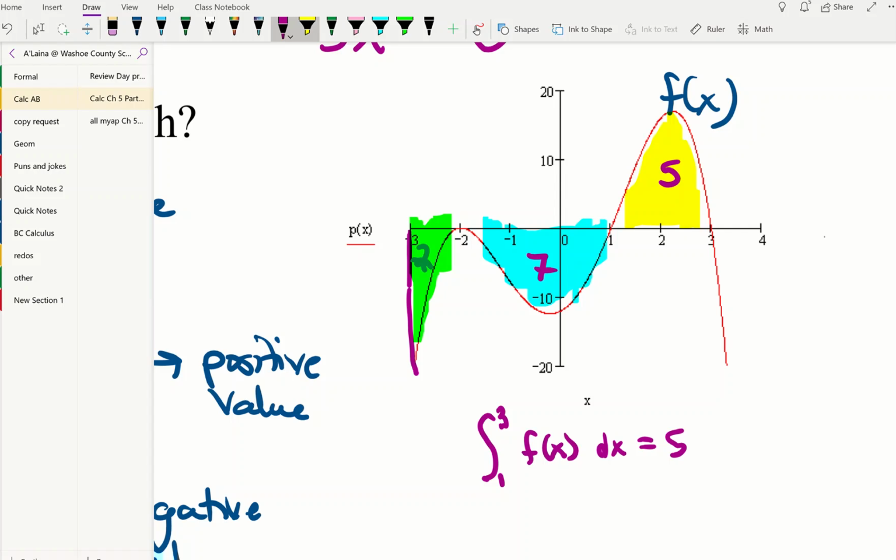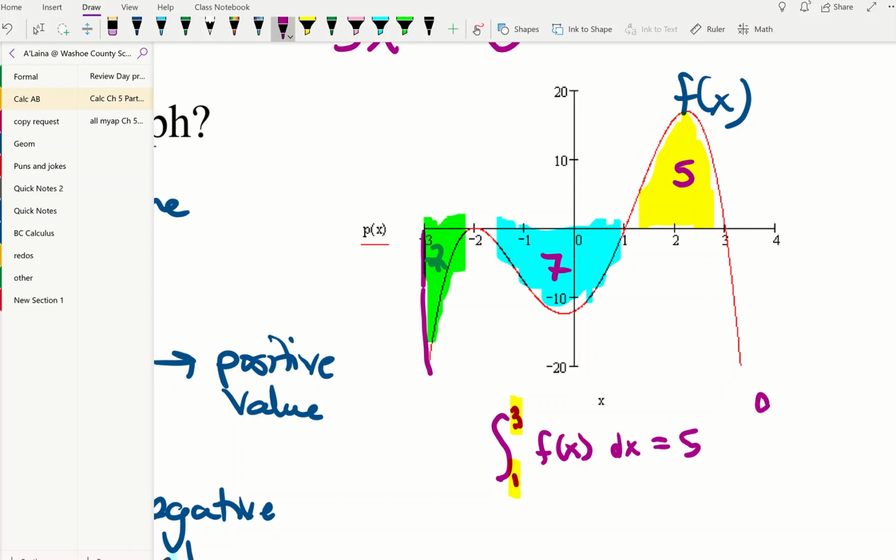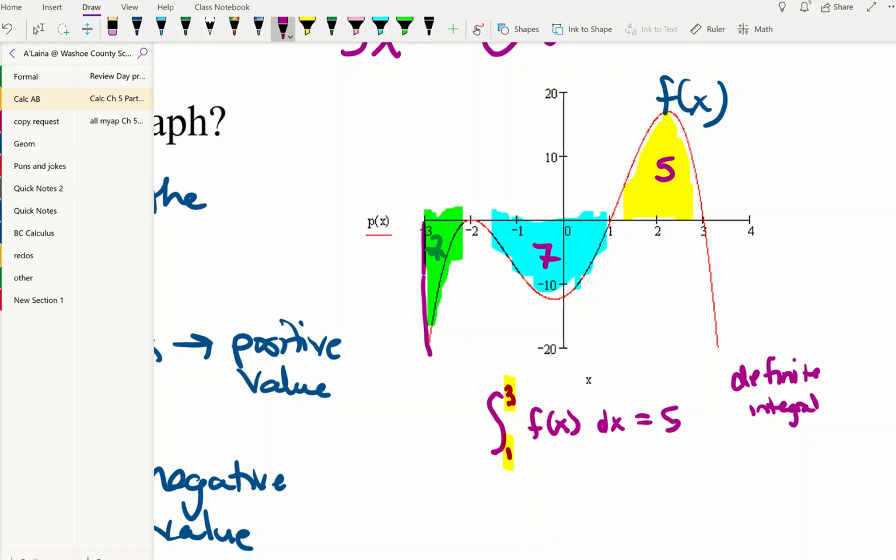So these numbers right here, this is called a definite integral, which we'll look at tomorrow. Those numbers help you know where to start and stop for your area. Likewise, let's say I wanted to do the integral from -2 to 1 of f of x dx.